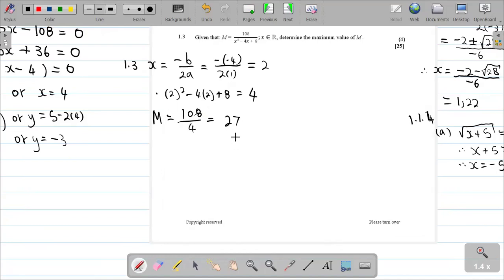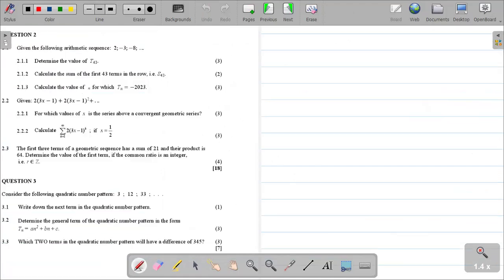Okay, so we had to make this a minimum so that we get the maximum value of m. Okay, so yes, that was it for question 1. Let us go to question 2. Okay, so now let's go to question 2 here.